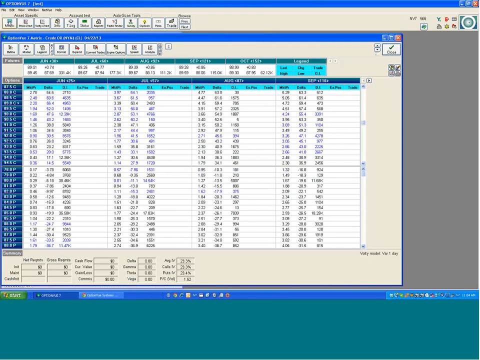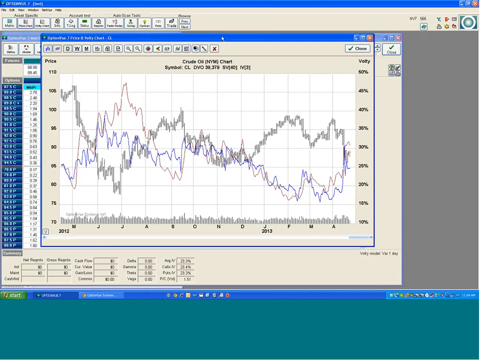I'm sure most of you are very familiar with how OptionVue displays the futures and options quotes on the matrix screen. And I'm sure you're also aware that when you click on the price chart button in the upper left corner of the screen, you have an ability to see what the underlying, in this case crude oil, has done over the last approximately year and a half, with the bar chart of historical prices, and then superimposed on that is the implied and statistical volatility chart.